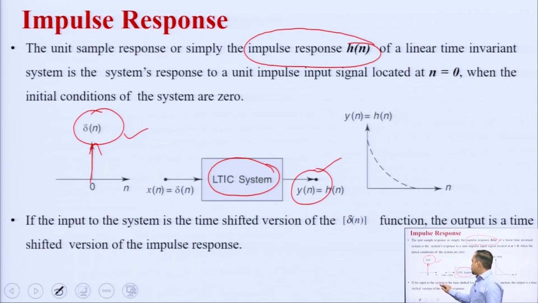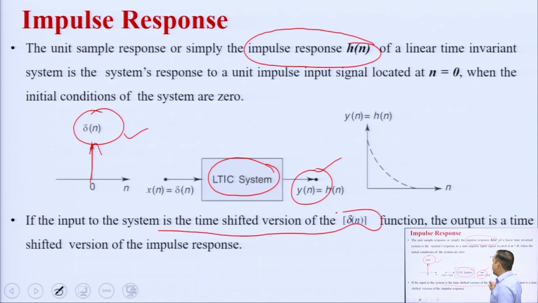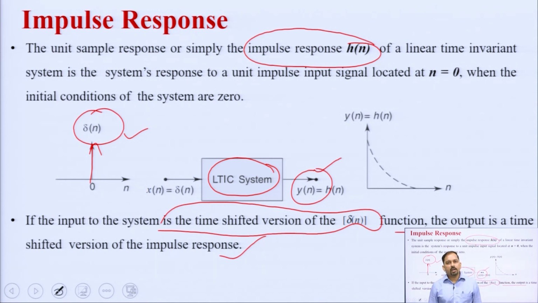If the input to the system is a time shifted version of delta n, where delta n is the impulse signal, the output is also time shifted. If there is a shift in the impulse signal, there will be a shift in the output signal also. The impulse response will be shifted by the same factor.